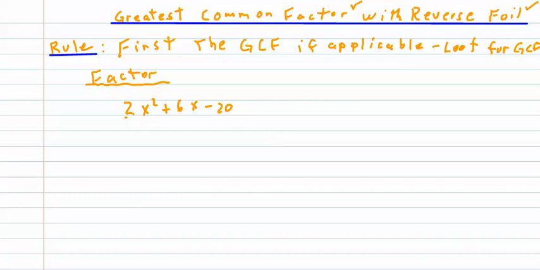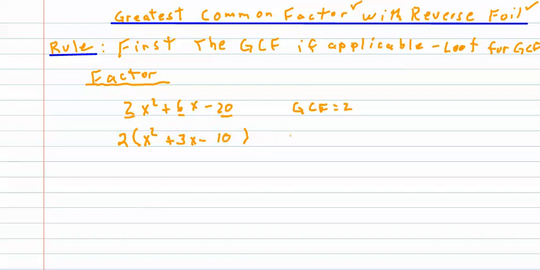I have a 2, a 6, and a 20. My greatest common factor is 2. So I take my 2, and then I do reverse distribution. X squared, 2 times what is 6? That would be a 3x. Minus 2 times what is 20? That would be a 10.